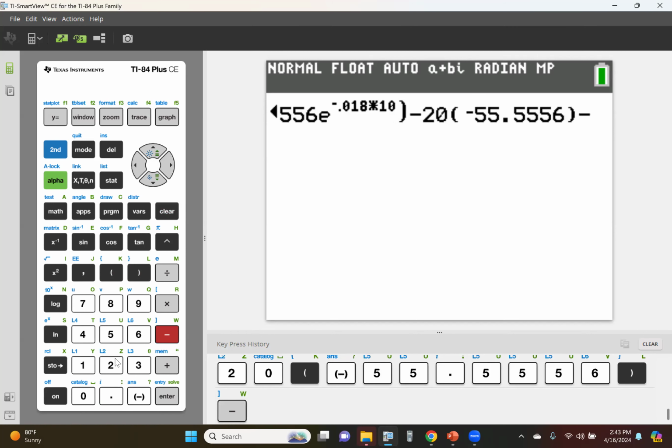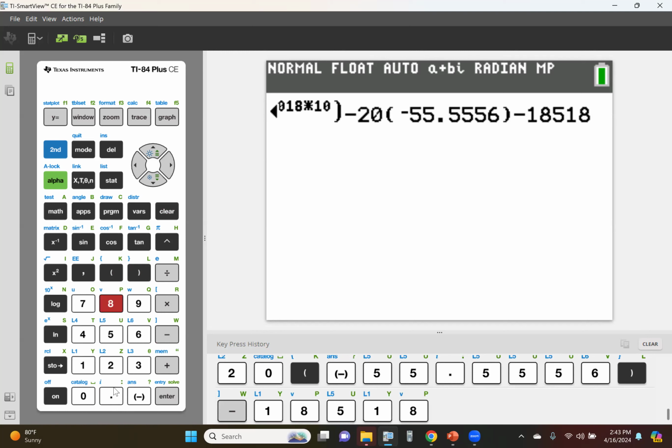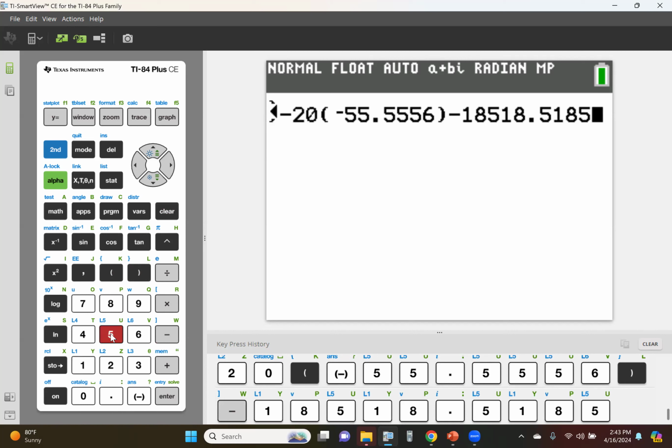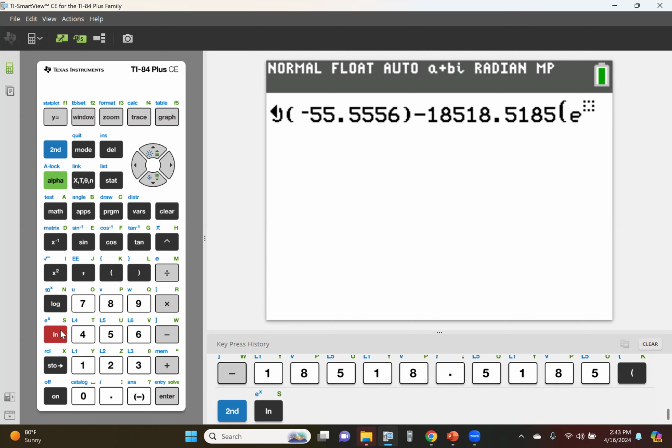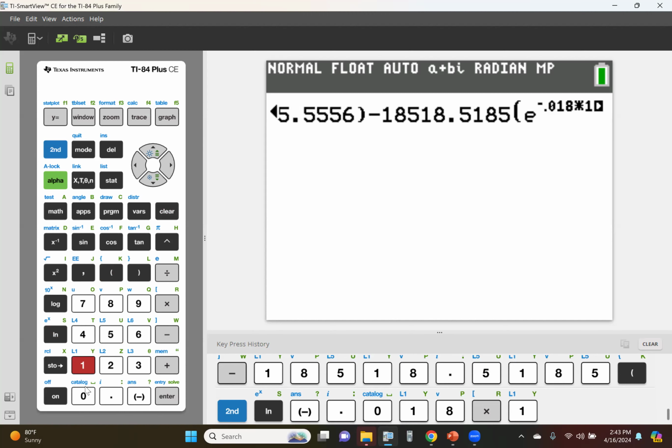And then we're going to subtract 18,518.5185. And again, I'm carrying those 4 decimal places just to try to mitigate the round off error in the end. The more decimal places I carry, the better my round off is going to be. Okay, and we're multiplying that times e, second natural log, negative 0.018 times 10.